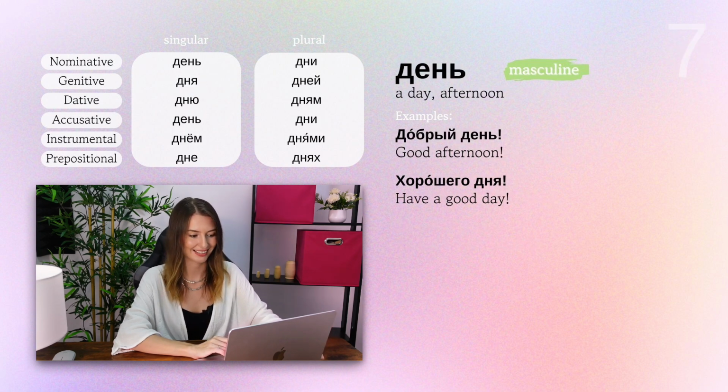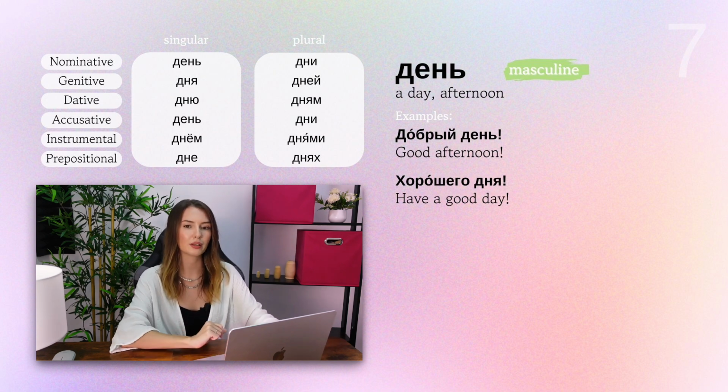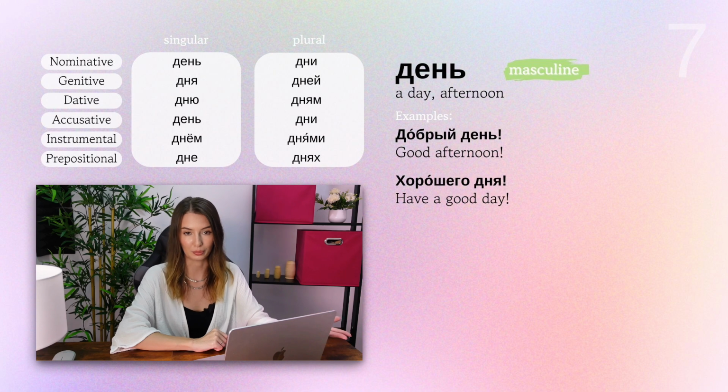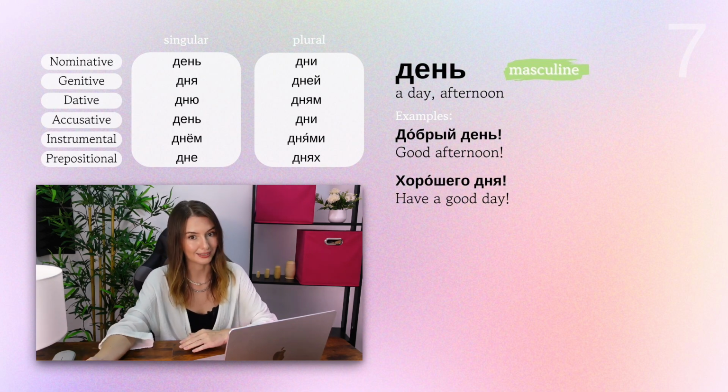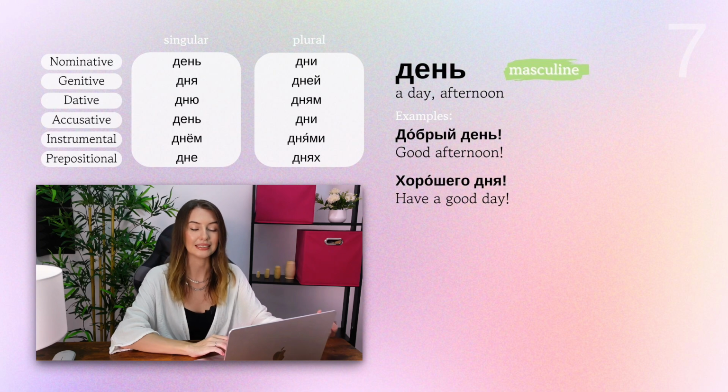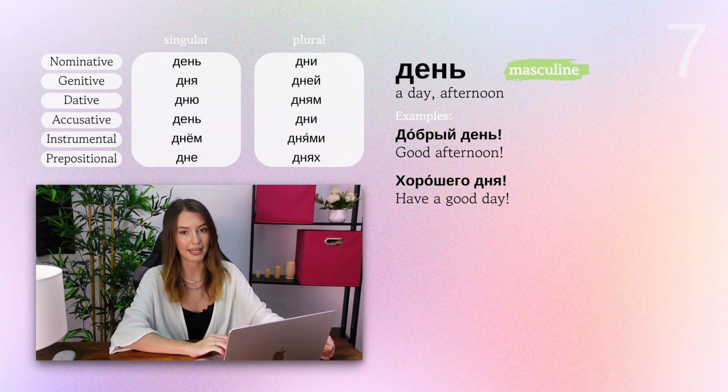The next word, день. Yes, another word with a soft sign at the end. День, он, masculine. You remember the phrase добрый день. Good afternoon. Note that the phrase translates to good afternoon, but the word добрый by itself translates to kind, and the word день means both afternoon and day.